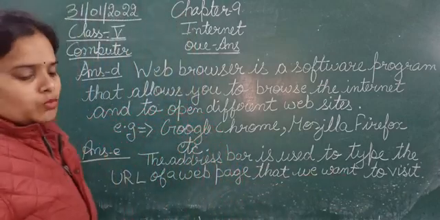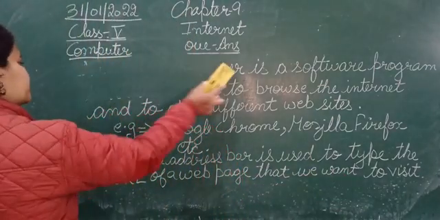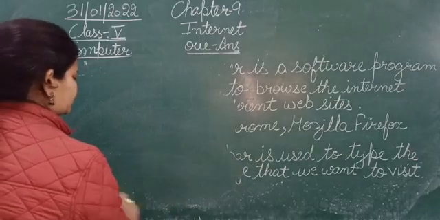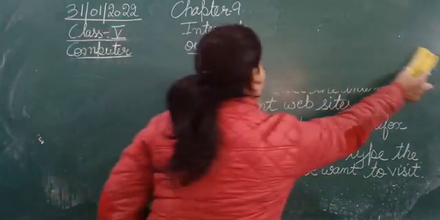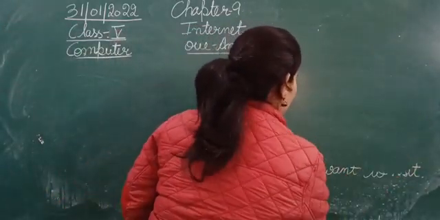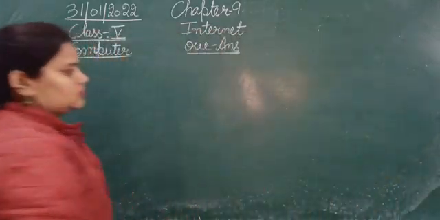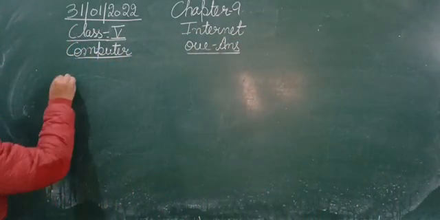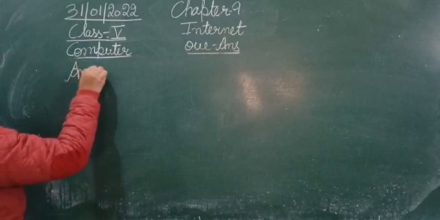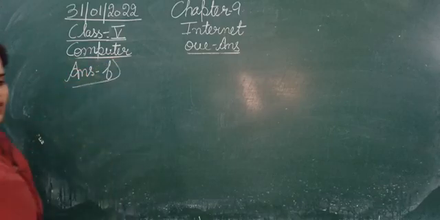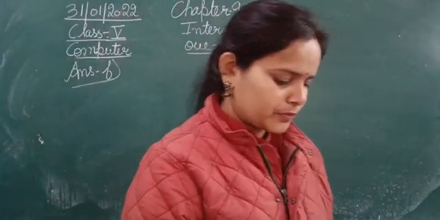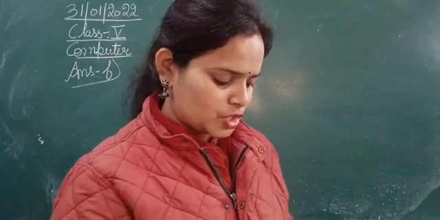Okay. Moving next to the question number F. We are moving to the next question, that is question number F. Answer for the question number F is, what is a home page?